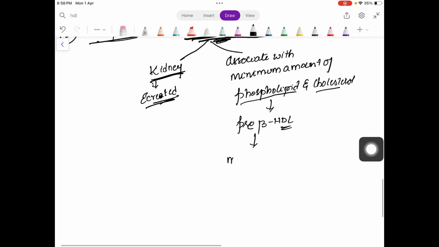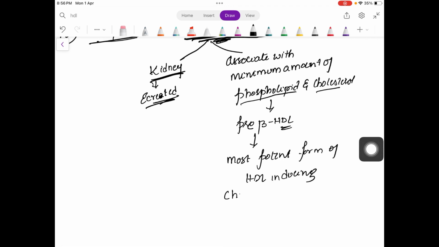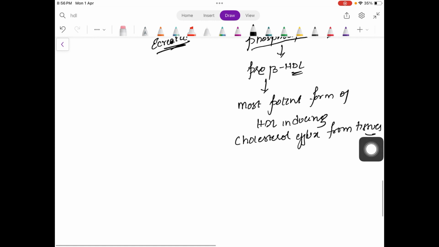And this pre-beta HDL is the most potent form of HDL, inducing cholesterol efflux from tissues. So this pre-beta HDL is very important.